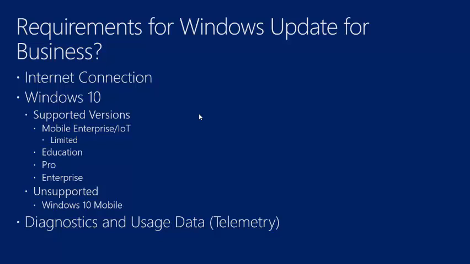So we even support mobile flavors of Windows 10, so Mobile Enterprise and IoT. We don't support straight Windows 10 Mobile, but even with the mobile editions, we do have not full support. It's more of a limited kind of subset of operations in the docs. You really go into good detail about that. Education, Pro, and Enterprise, fully supported, right?